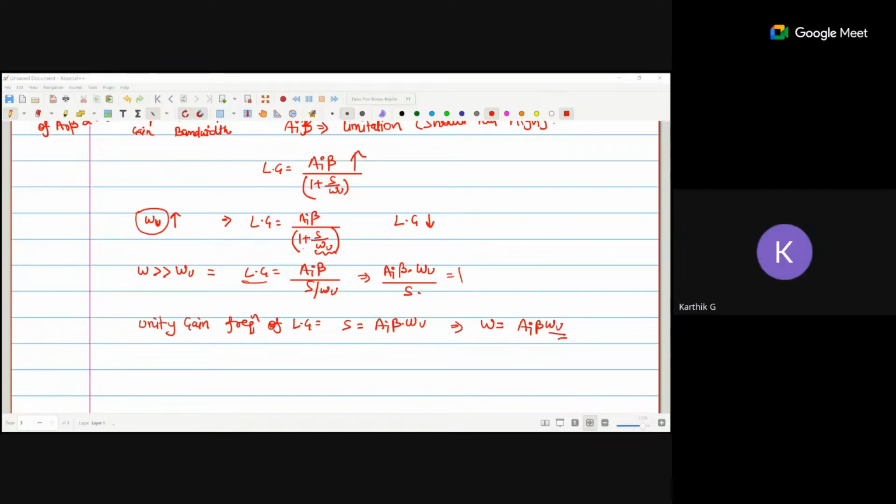Yes, sir. The output which I'm getting is getting clipped. How much is it clipped? What is the voltage? One second, sir, I'll just check it.